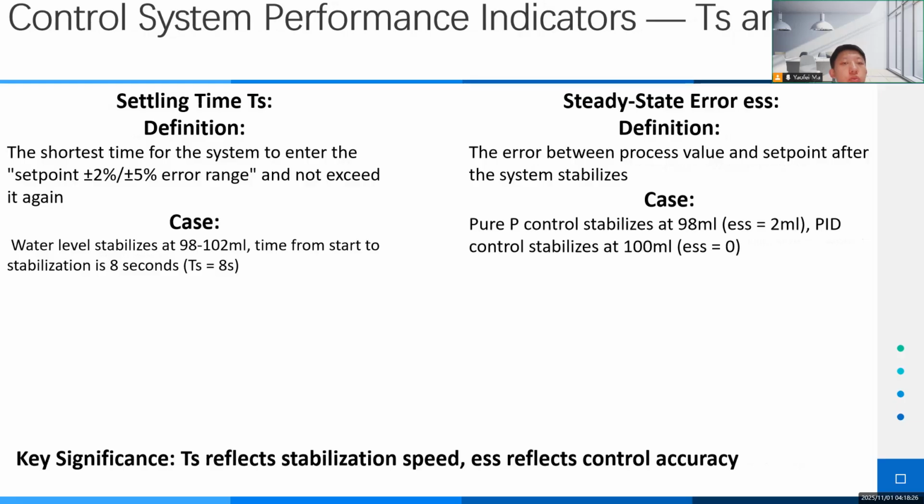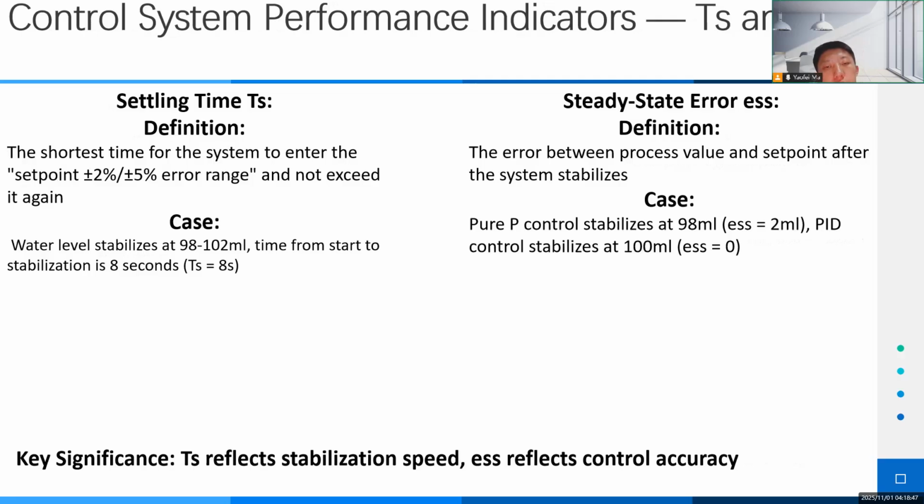The last two are settling time and steady state error. Settling time is the shortest time the system takes to stay within a small error range and never go out again.